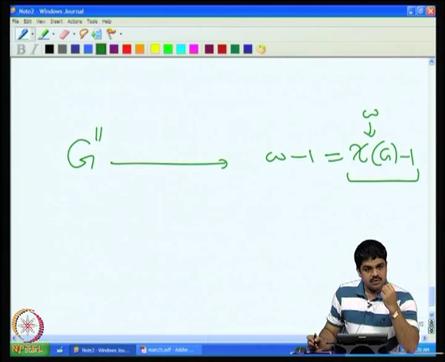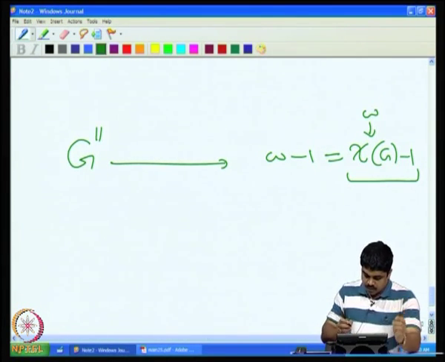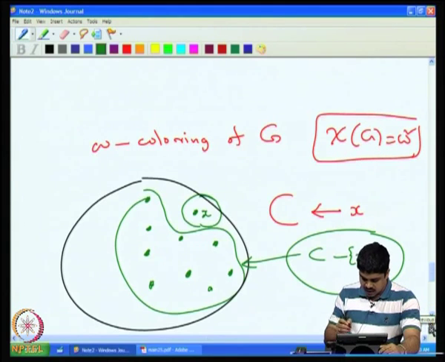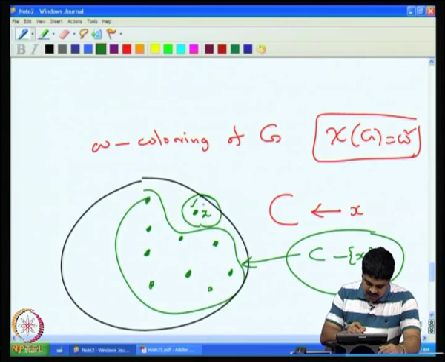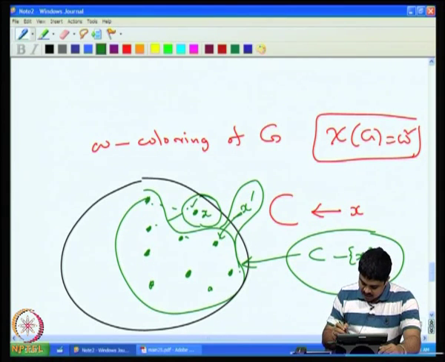Now, you know that this color class we removed is an independent set. x is already there because we removed only the vertices other than x, but we have this x dash. Instead of x, we can add it into this collection, because x is not adjacent to any of these vertices, so x dash also will not be adjacent to any of these vertices. So, this plus x dash will be an independent set.